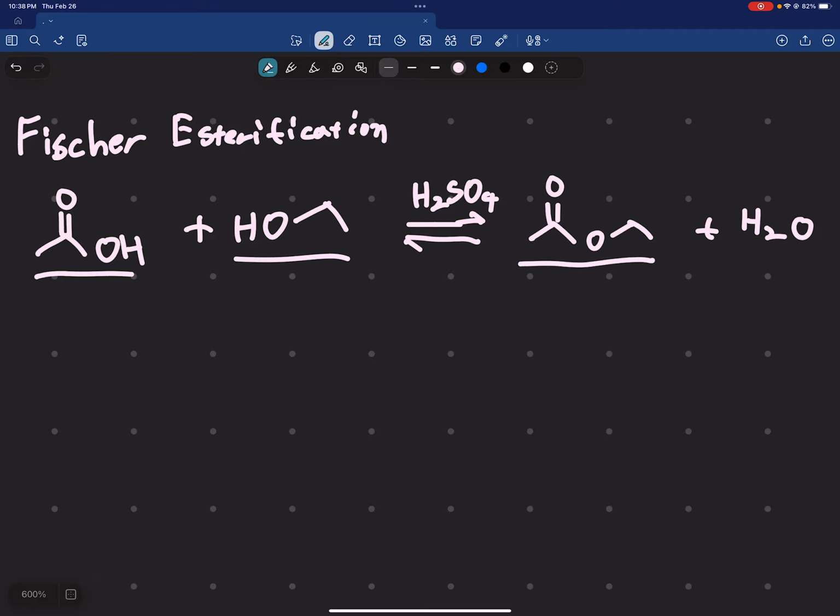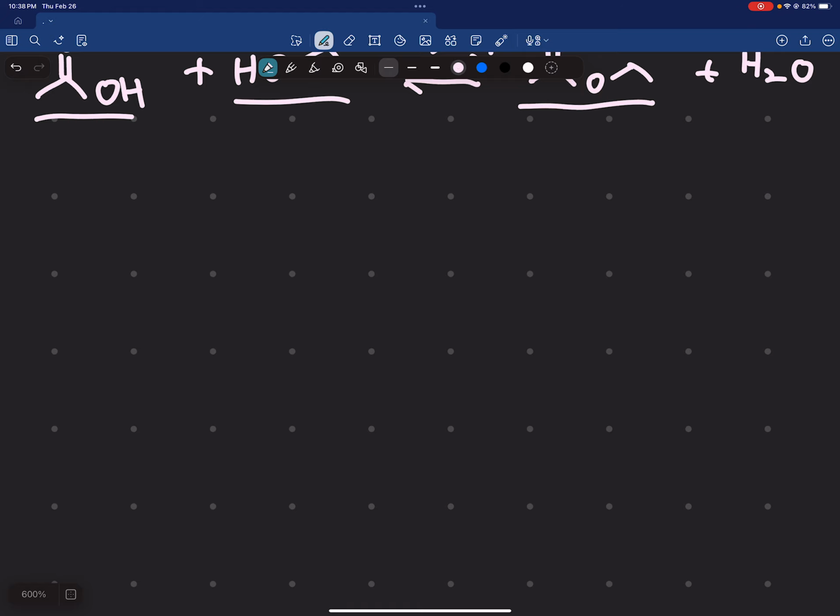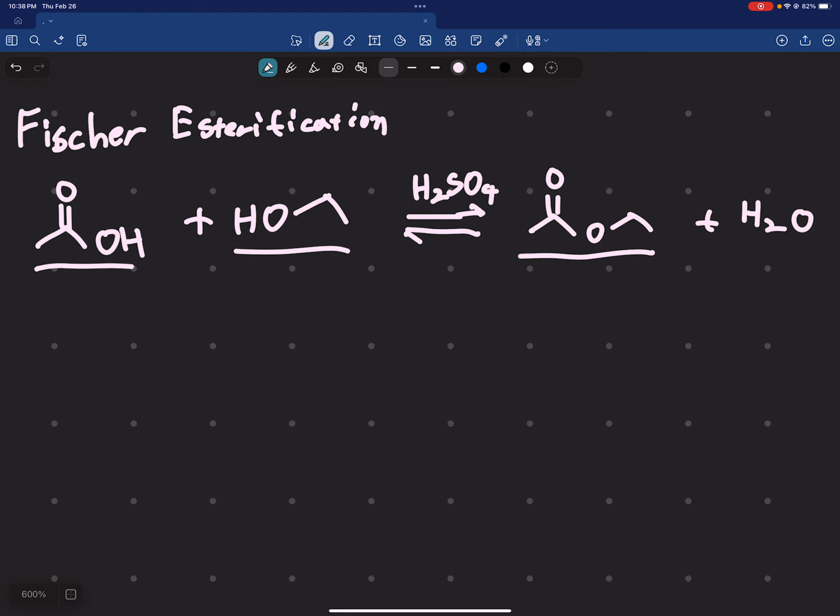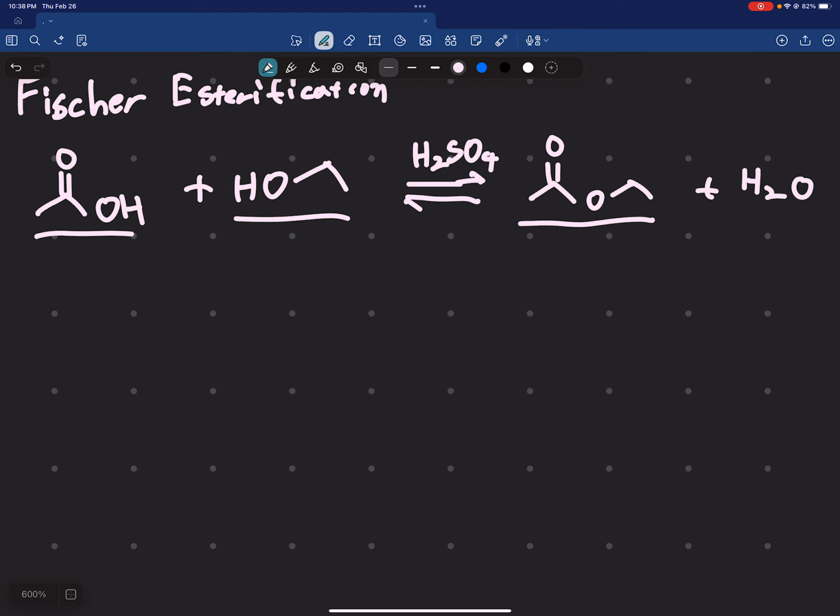Fischer esterification involves nucleophilic acyl substitution. If you control the reaction conditions, it's possible to prepare an ester with high yield with this method.